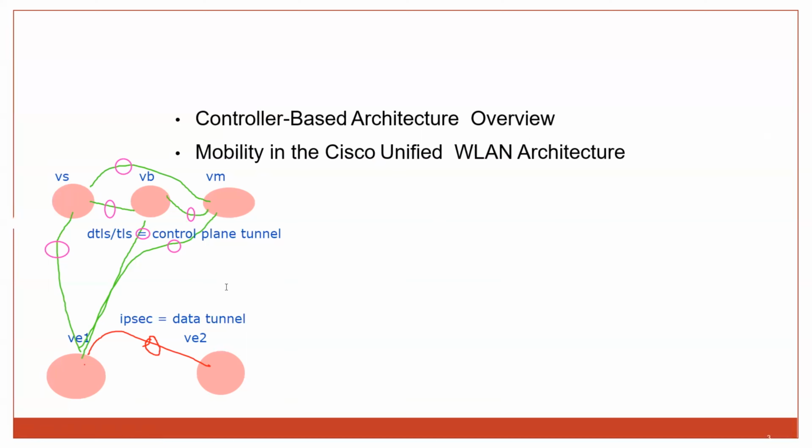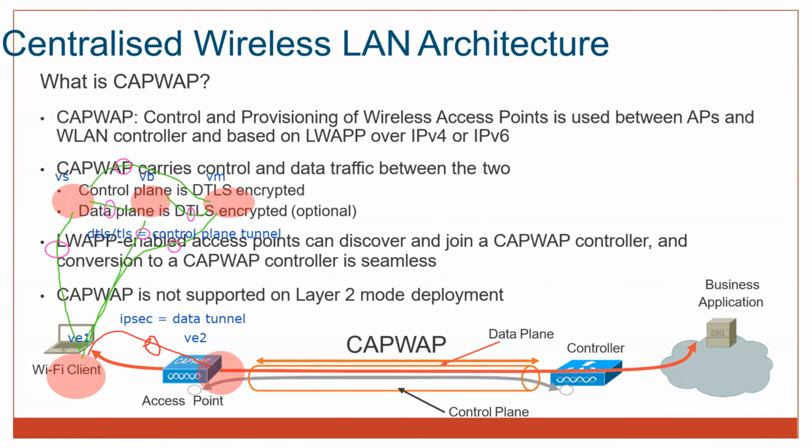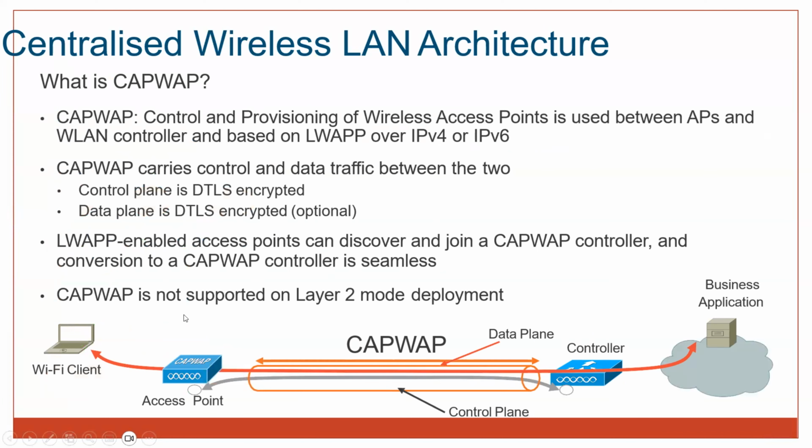Now you can see that this is the new term that we are learning, and we have sessions for SD-WAN. Later on, we'll understand more about this. But the point I want to make here is that when we are talking about wireless networks, we have this concept of control plane and data plane, right?